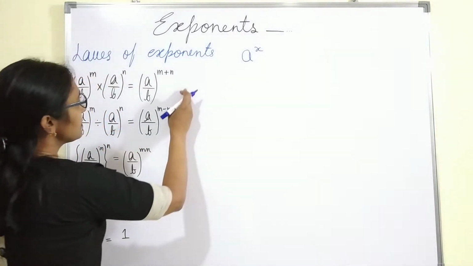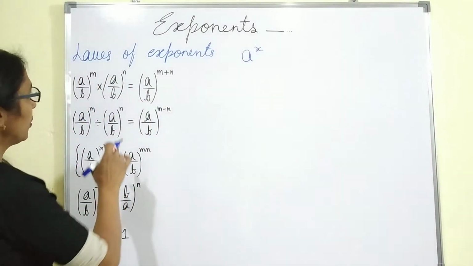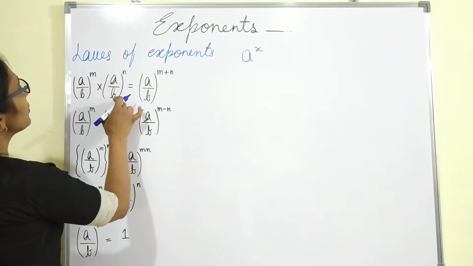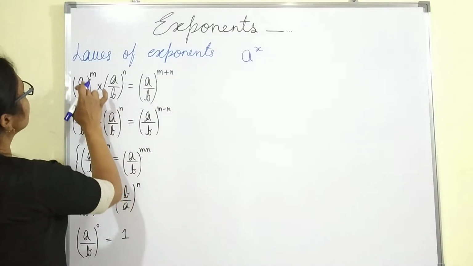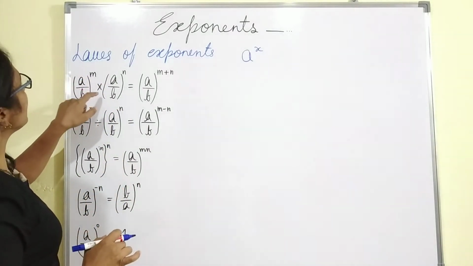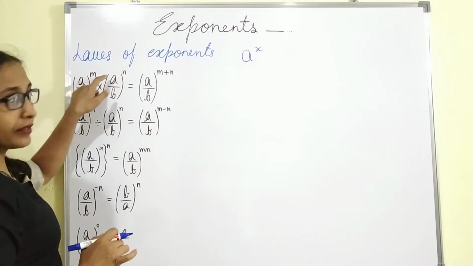So there are certain laws of exponents. The first one is (a/b)^m times (a/b)^n. See, have a look here. The bases are the same and are multiplying with each other, and their powers are different.